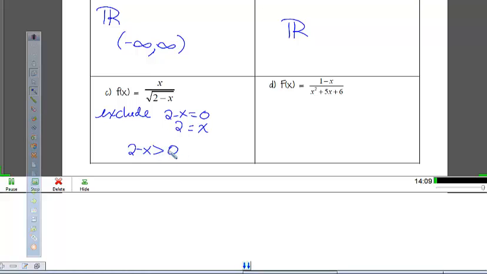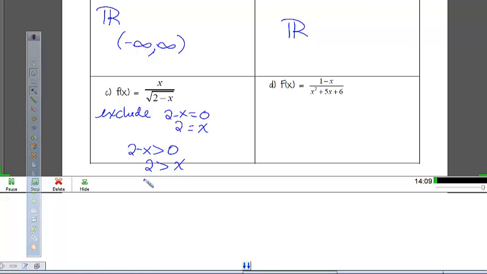Okay, a couple of things that you really need to pay close attention to here. If we were just looking at the radical, 0 would be okay. All right? But because it's in the denominator, that's why we're excluding whatever causes it to be 0. Okay, so 2 minus x greater than 0 gives us 2 greater than x. Those things work.